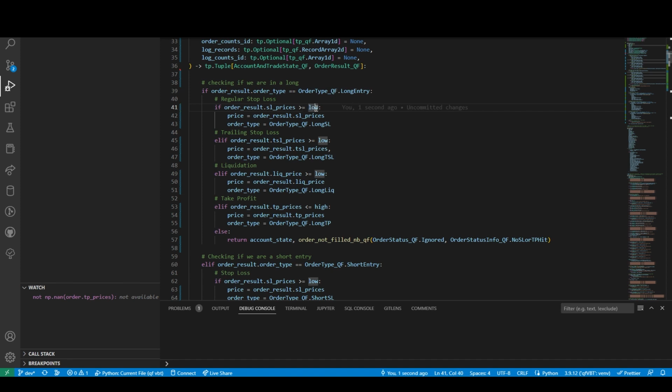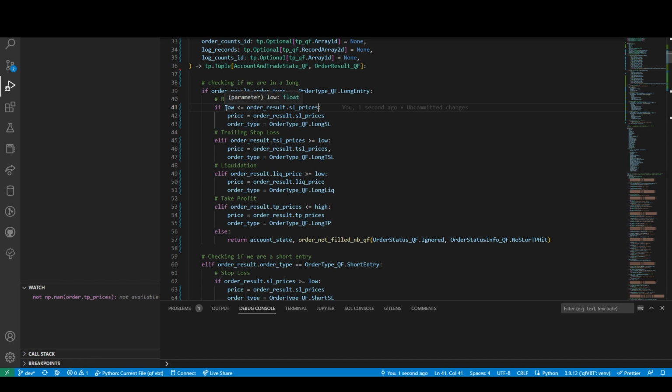Because if the low is 600 and the stop loss is 550, does this also have to be less than? God damn it. I think I got it backwards. That's what got me tripped up.